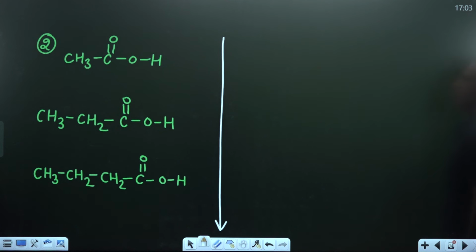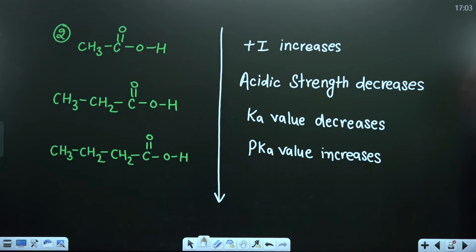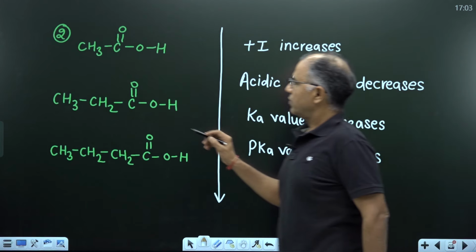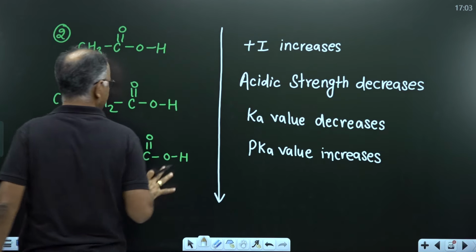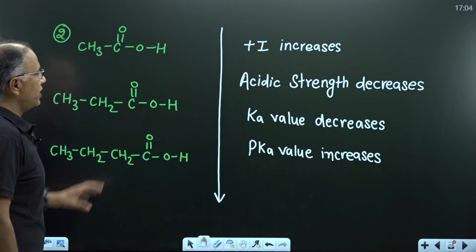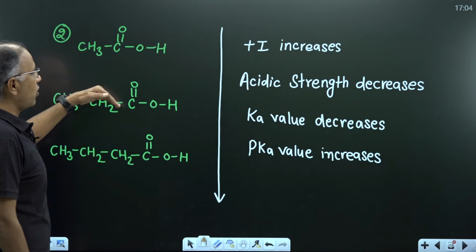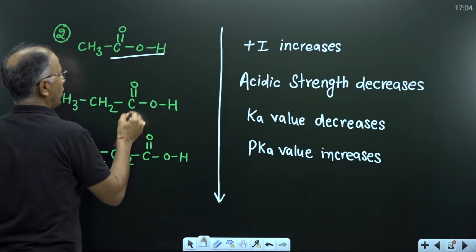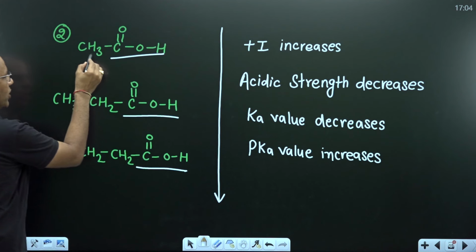Now, try this example. Whenever you have to compare acidic strength, what do you have to check? You have to check what is the difference. You don't have to compare what is common. These acids are common in all these groups. This means we have to compare the uncommon part.